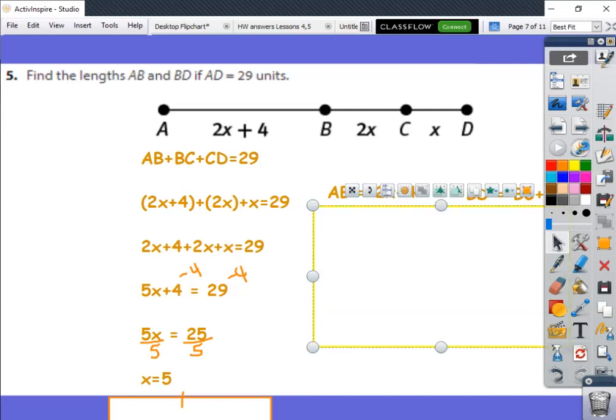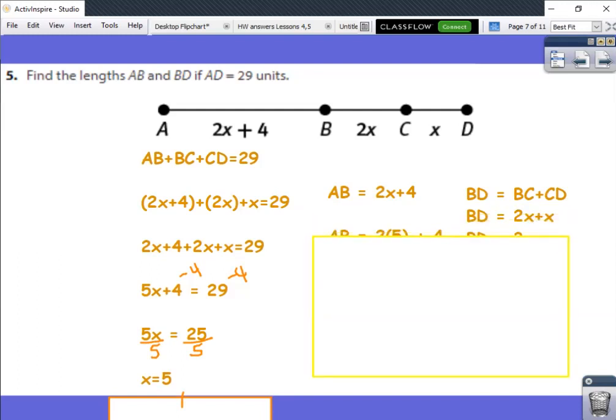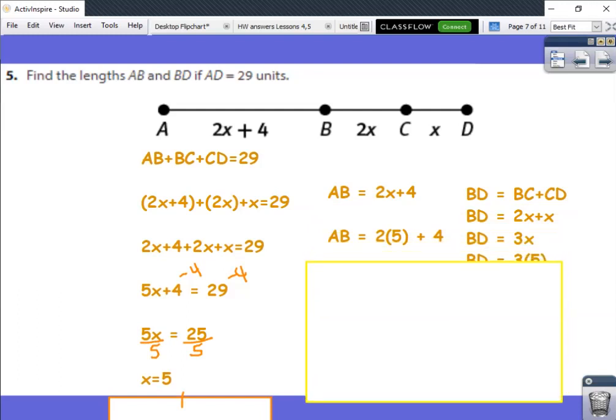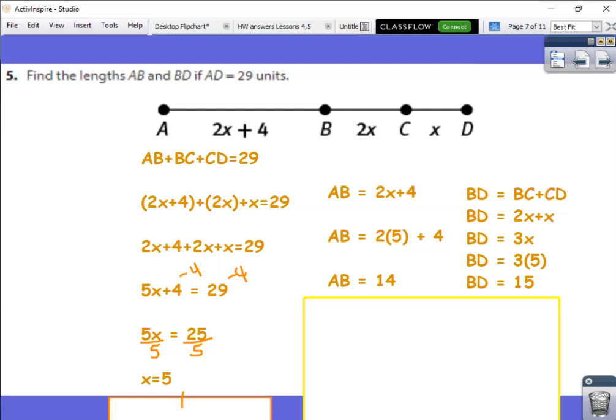To find AB, it is 2x plus 4. I replace the x with the value of x, which is 5. So 2 times 5 plus 4 is 14. Same thing with BD over here. BD is BC plus CD, which is 2x plus x, which gives me 3x. x is 5. Plug it in, and I get BD is 15.